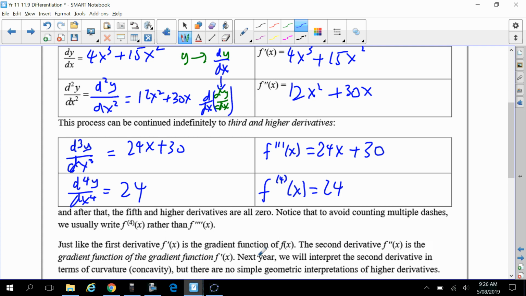But there is no simple geometric interpretation of the higher derivatives. So the first derivative tells us about the gradient, the second derivative tells us about the concavity, which we'll discuss next week. But now, we just need to concern ourselves with how to differentiate, how to find the gradient, how to find the equation of the tangent, the equation of the normal.